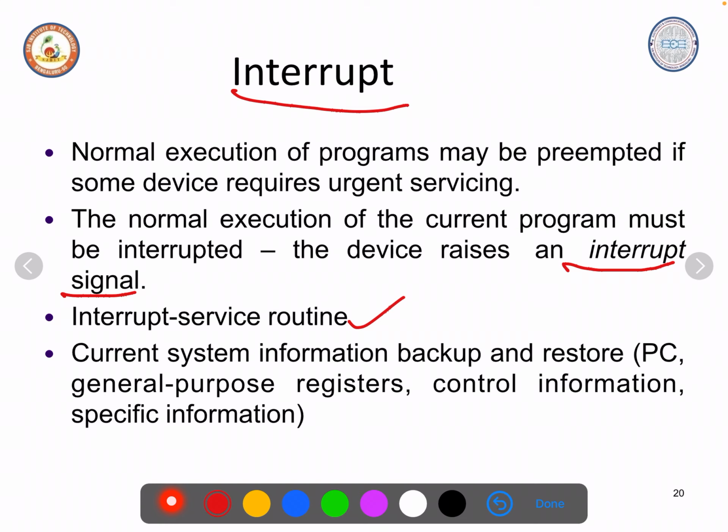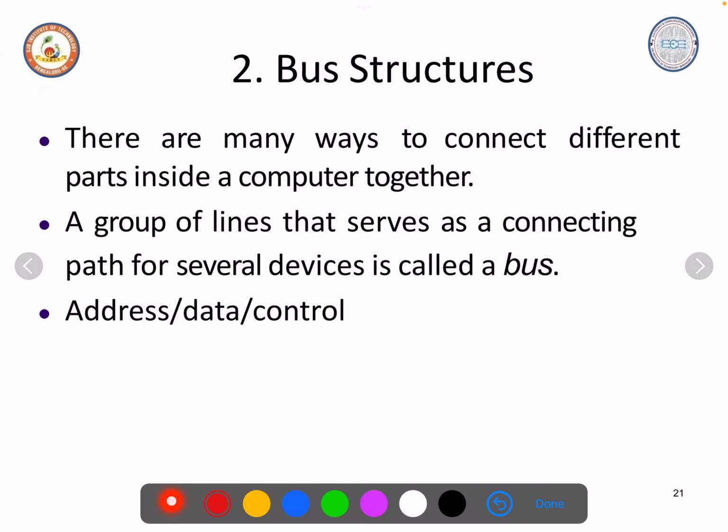The current system information, meaning which program and which instruction it is executing, is backed up: the program counter, general purpose registers, and control information are stored, and retrieved back after completing the ISR. This is about interrupts.